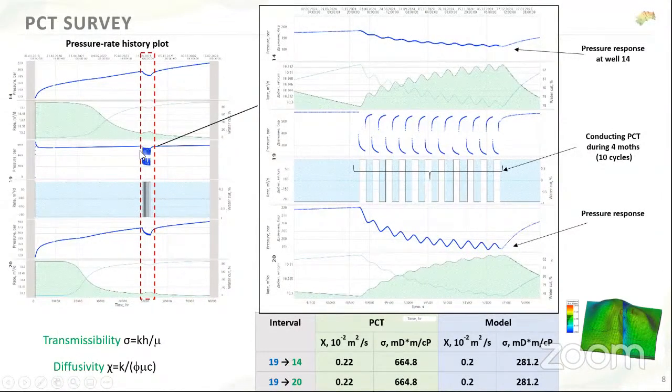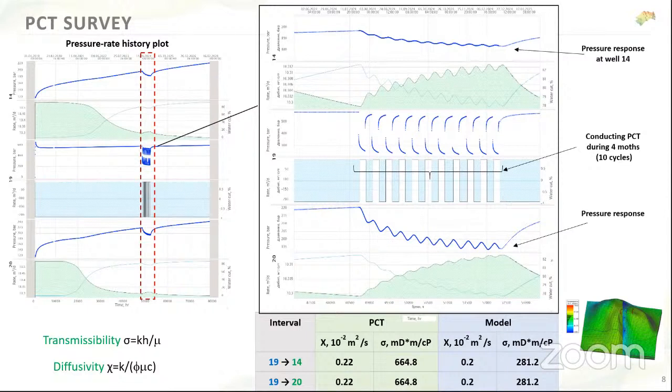Now we may see that the pressure disturbance from the generator well number 19 is able to reach both wells, number 20 and number 14. The amplitude of the signal in well number 14 is less than in well number 20.